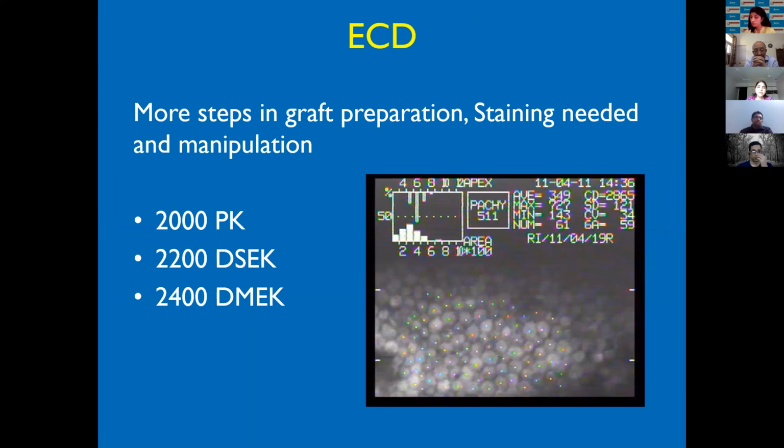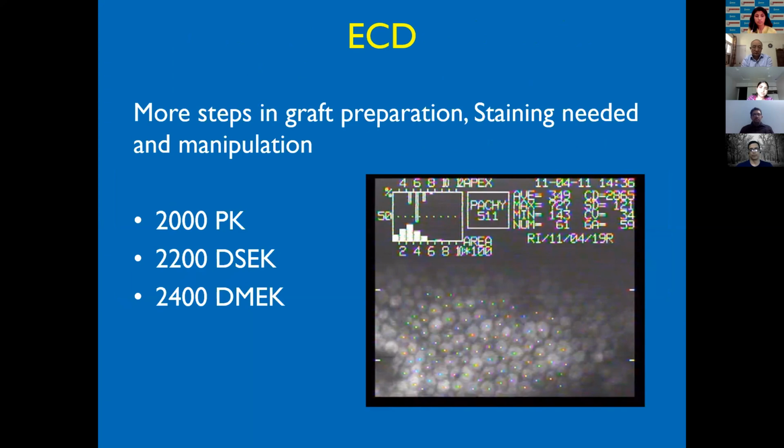Now, in the DMEK, we have more steps in graft preparation. Cleaning is needed. We all know that trypan blue is somewhat toxic to the endothelium and more manipulation may be needed. So eye banks have set up a baseline endothelial cell density which will be good for a PK, DSEK, and DMEK. For PK, the limit is 2000 cells per millimeter square. For DSEK, we set it around 2200, and for DMEK, it should be anywhere about 2400.